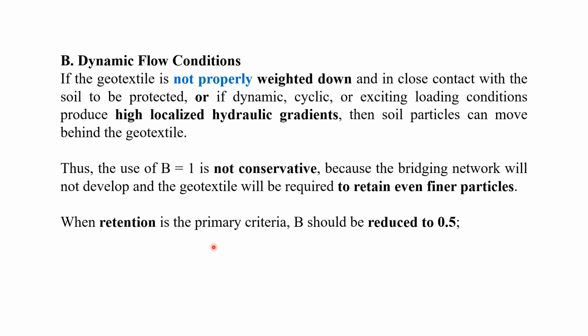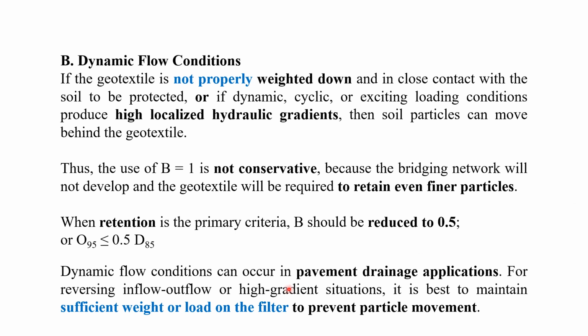When retention is the primary criteria, in that case B should be reduced to 0.5. Okay, so in this equation, in place of B we can write 0.5. Here it says that dynamic flow conditions can occur in pavement drainage applications, whereas steady flow conditions occur in a dam, which we have seen in the previous slide.